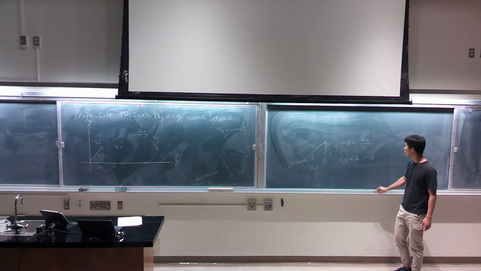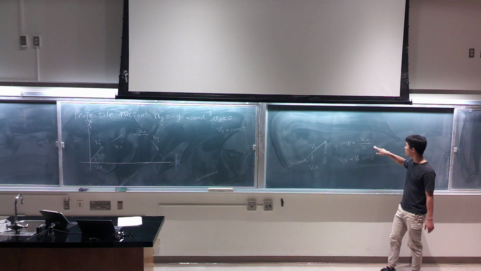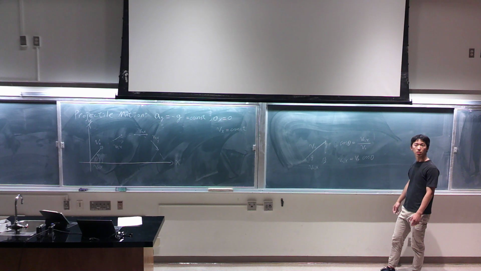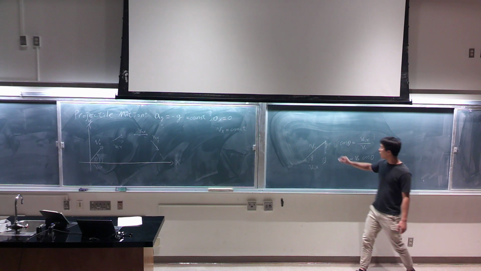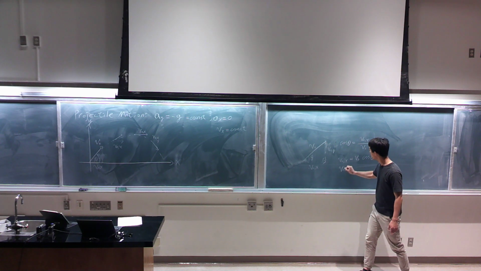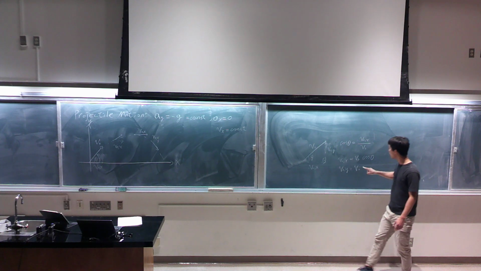What I did is multiply cosine with V naught, so V naught x is V naught cosine theta. Does that make sense? So if I want to describe the initial y velocity, what should this be?